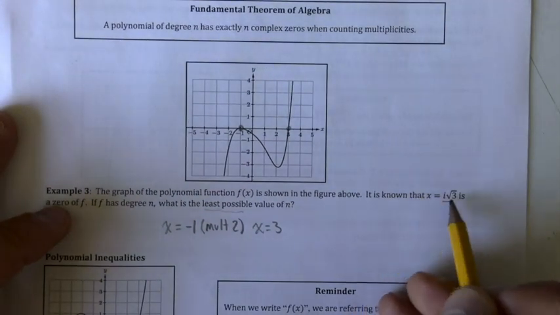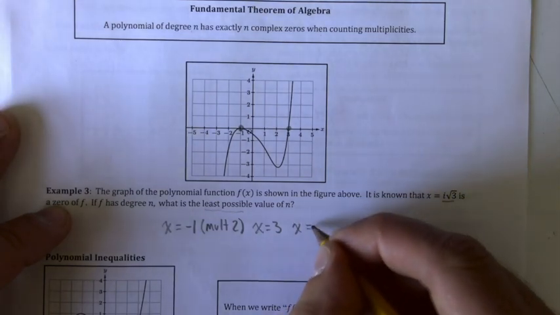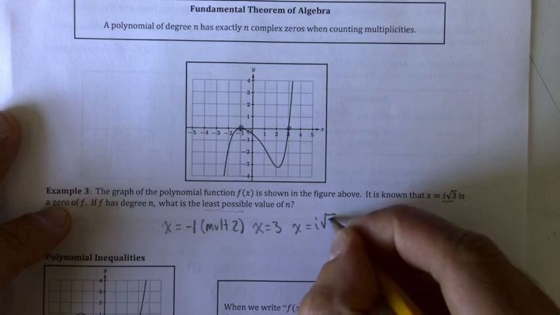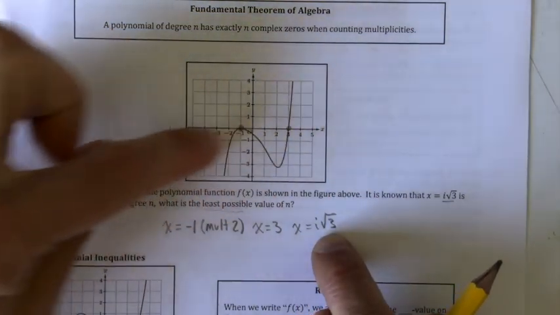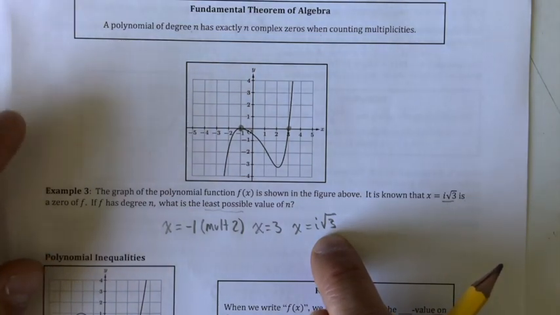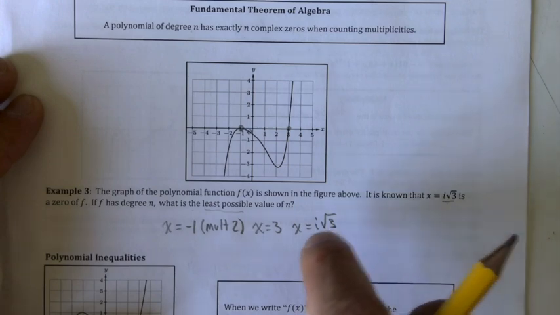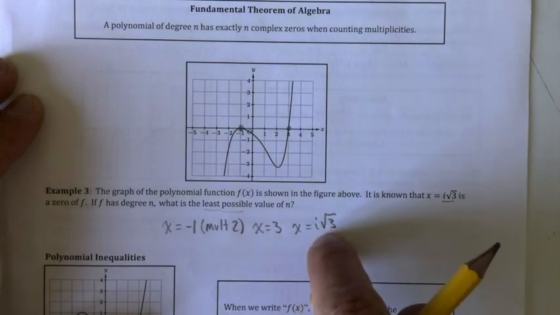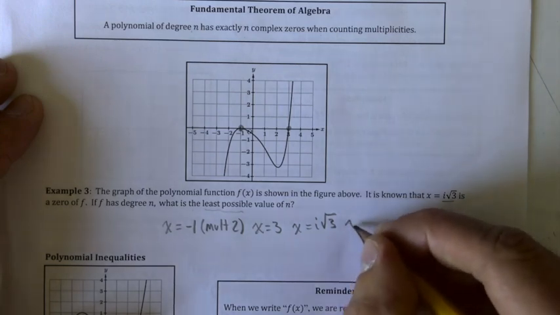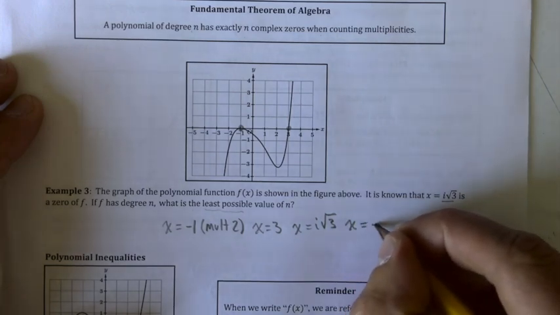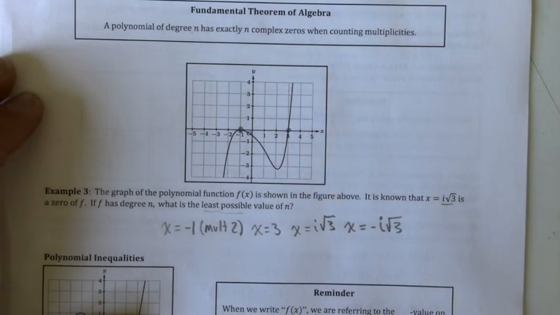Now it's known that x equals i root 3. So would I see that imaginary or complex root here on this graph? No, it doesn't show up in any visible way. But I know that if I have this, then I must also have its conjugate. So I know that there is also going to be a negative i root 3 in here.